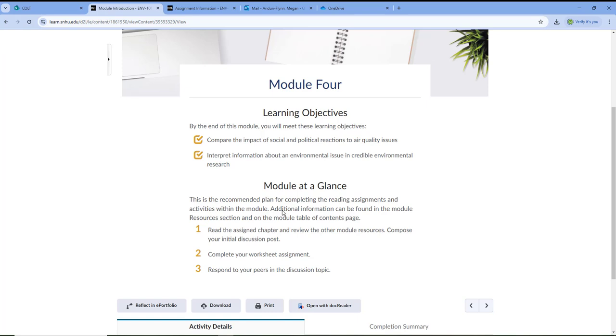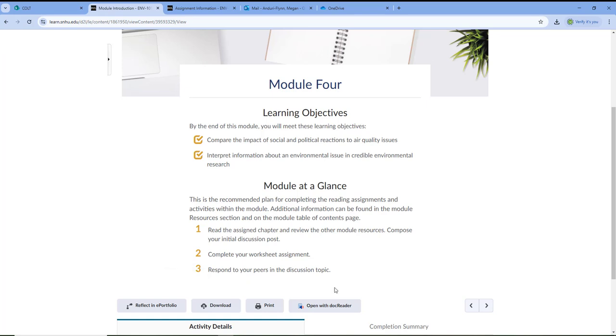This week we have another chapter assignment from our textbook, as well as a couple of videos which will help you compose your initial discussion board post. We have our worksheet assignment, which involves a journal article, a peer-reviewed original research paper. And then you'll also need to respond to your peers for your discussion board post.